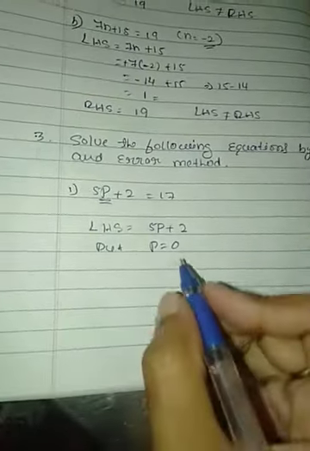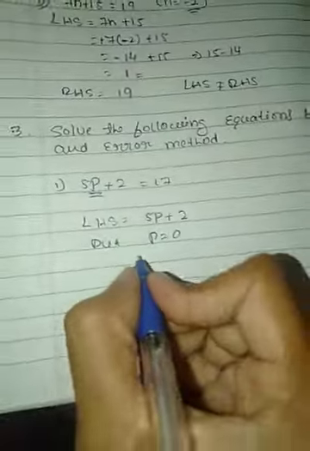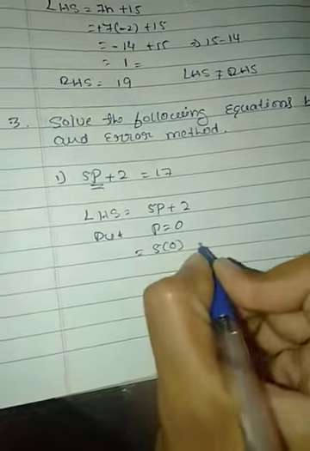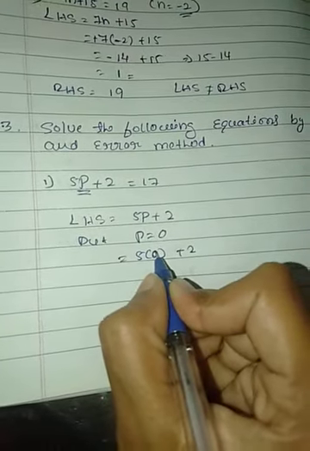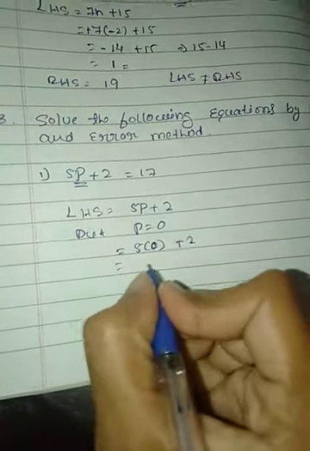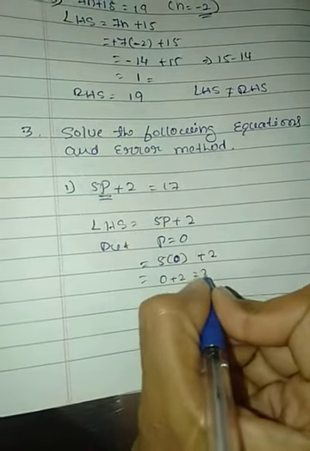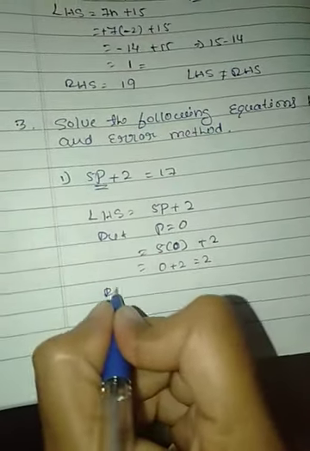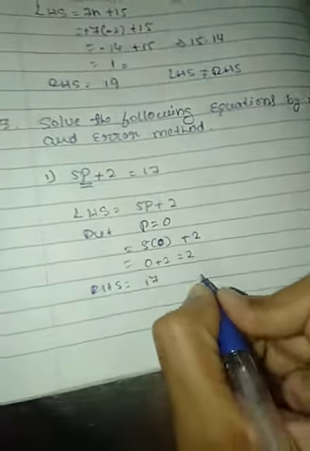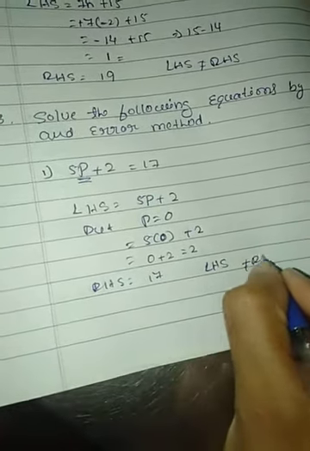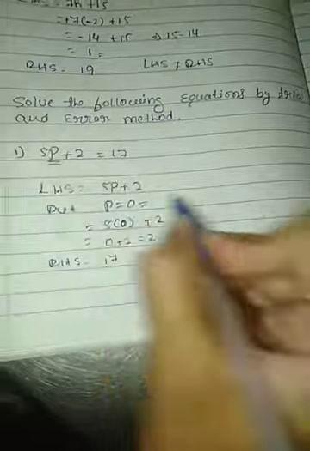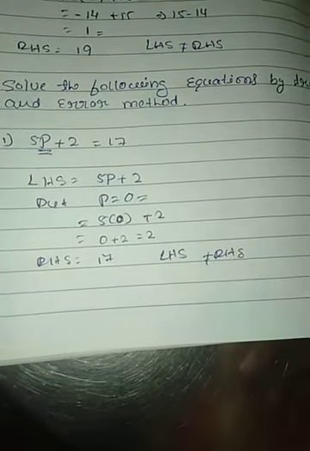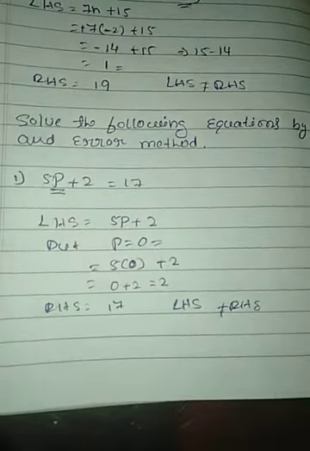This is 5 into 0 plus 2. Here I just put 0 in the place of p. 5 into 0 is 0, plus 2, we get 2. Here RHS is 17. So LHS is not equal to RHS. So p equal to 0 is not a solution to the given equation.